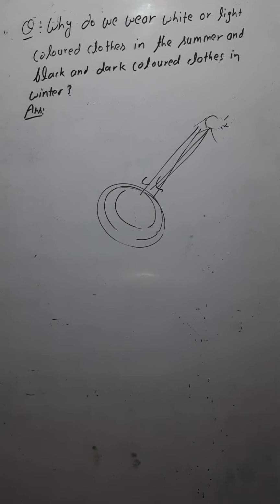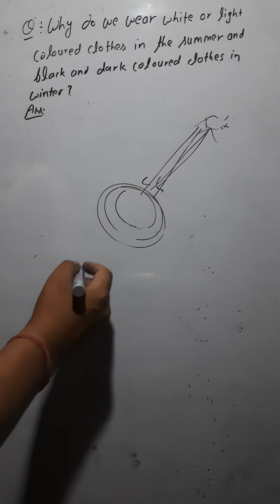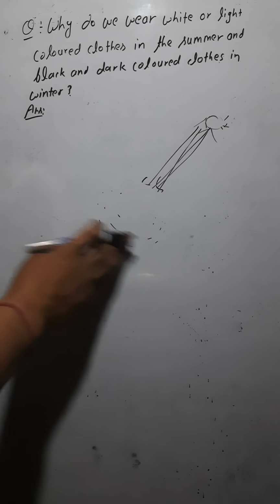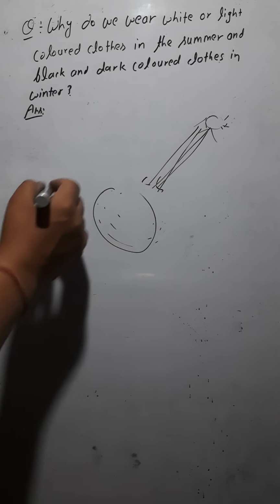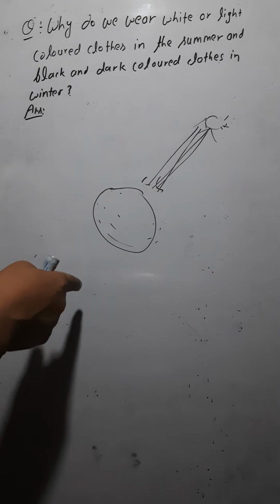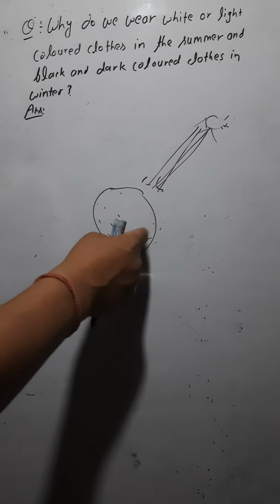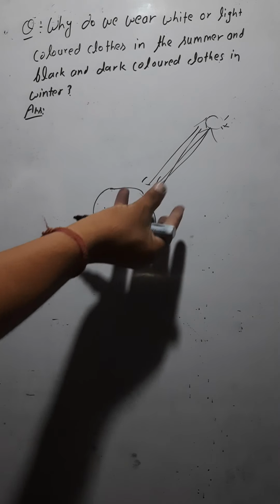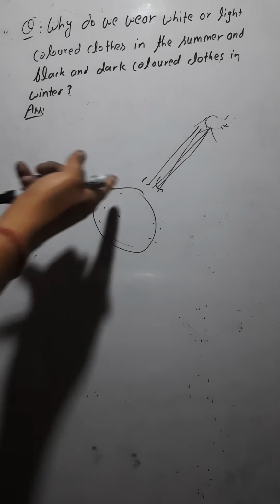But if you are wearing lighter clothes during the summer, what would happen? Lighter clothes like white colored clothes would reflect the light. They do not absorb the heat of the sun.